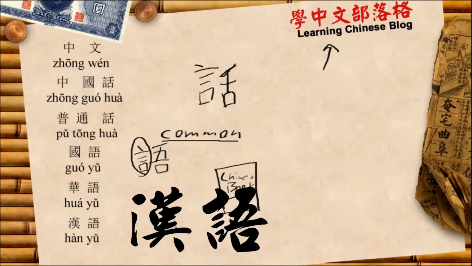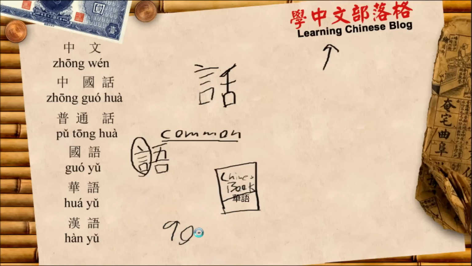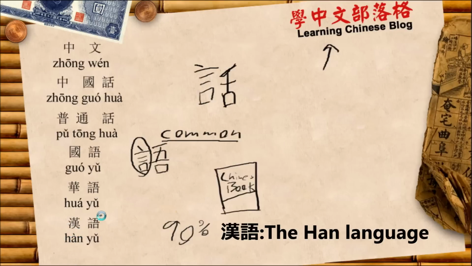If you know anything about Chinese culture, you probably know that 90% of all the people in China and Taiwan are from the Han race. That's the majority of Chinese people, Han Chinese. So this means the language of the Han people. Just like Huayu is anybody who's Chinese and their language, this is anybody who's Han Chinese and their language.